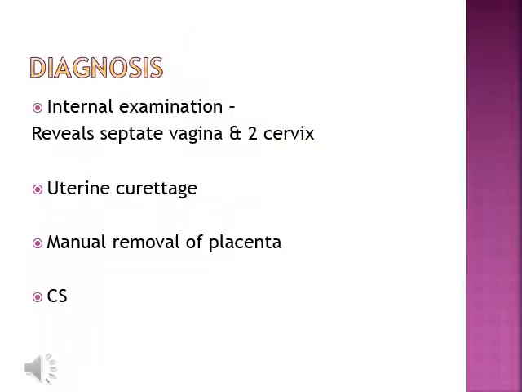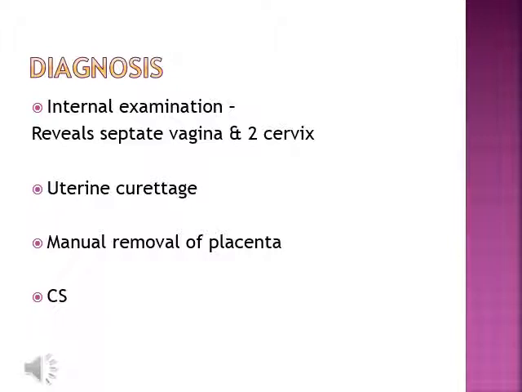Next is the diagnosis. When can you diagnose these uterine anomalies? First is during the internal examination. It reveals the septate vagina and even the two cervixes while doing the vaginal examination, and while performing uterine curettage it is very easy to identify the uterine anomaly. Next is manual removal of placenta in case of retained placenta or PPH.